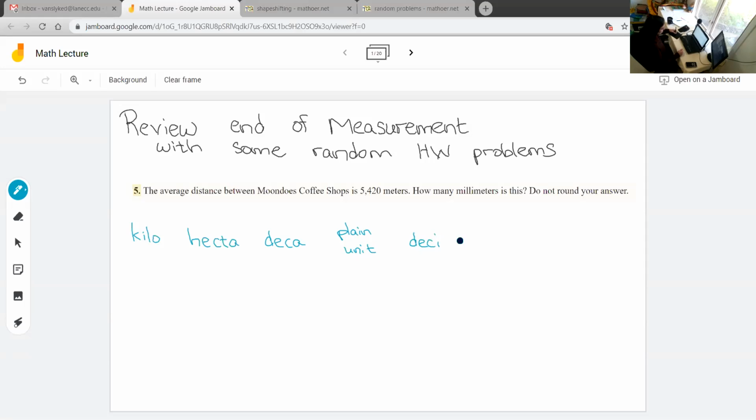But this is too much work. No one ever actually does this. So what most people do instead is they just write the letters.